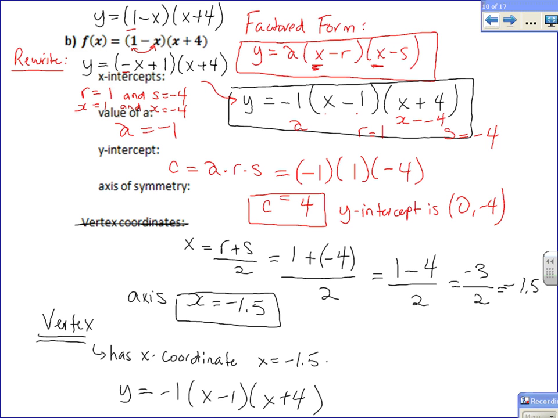I'm going to substitute in negative 1.5 everywhere that I see an x, and I'm going to solve for y. Okay, let's go ahead and do that.